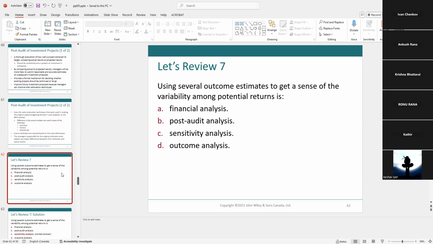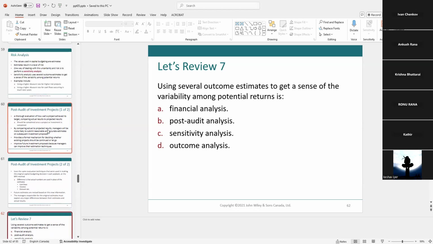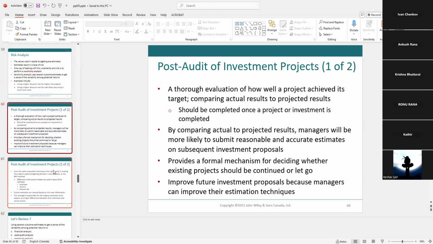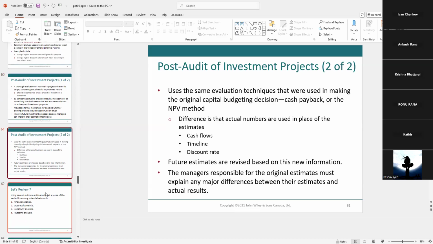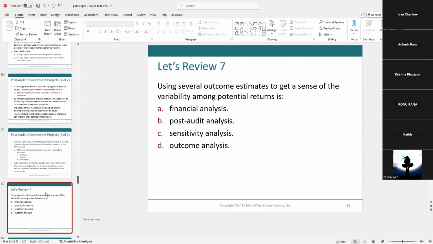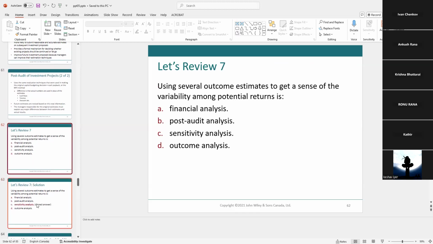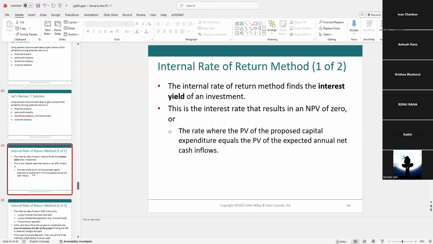B. Now again, the post-audit. C. So watch this. The post-audit analysis is when we compare actual with estimated. Here we're checking how sensitive our projection is. C. Is C sensitivity? Yes.